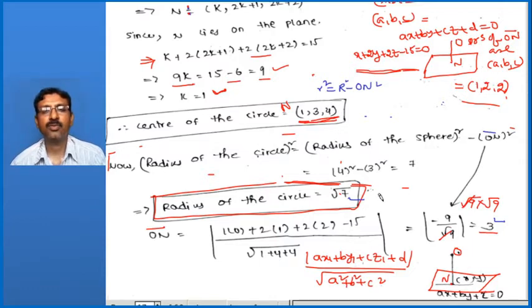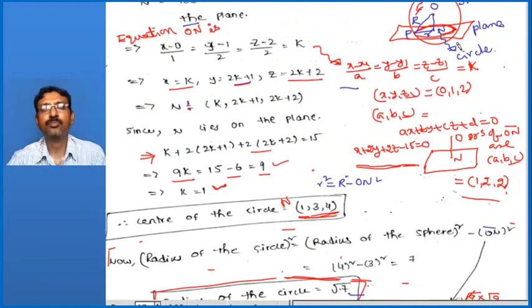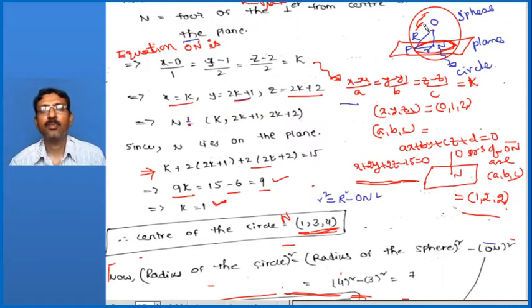For that, first we find ON. What is ON? Sorry, the perpendicular distance. The perpendicular distance from O to the plane.